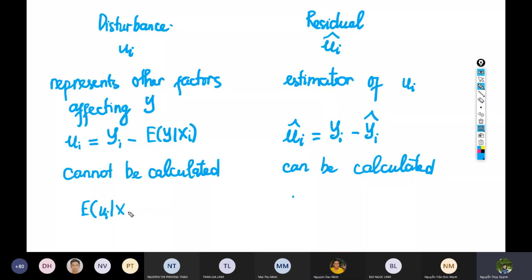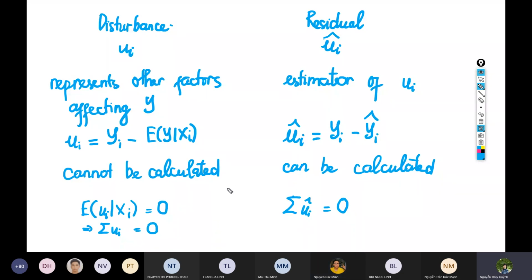And this also means that the sum of u i will be equal to 0, right? That is our third assumption of the classical linear regression model. We do have the sum of all disturbances equal to 0, and also the sum of u i hat is also equal to 0. Is this right? Yes.